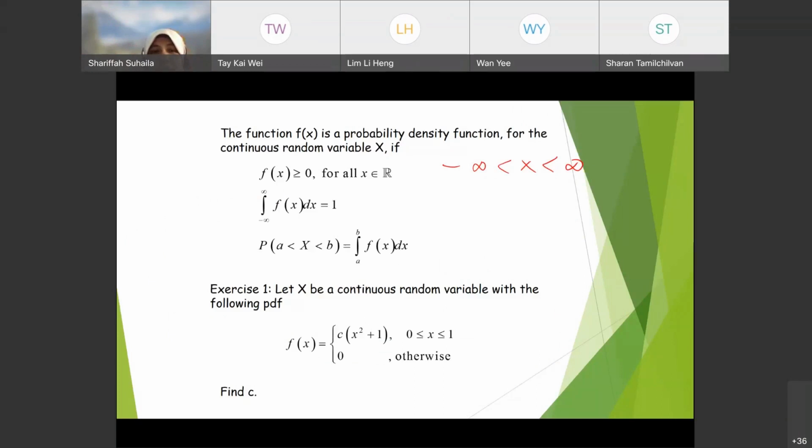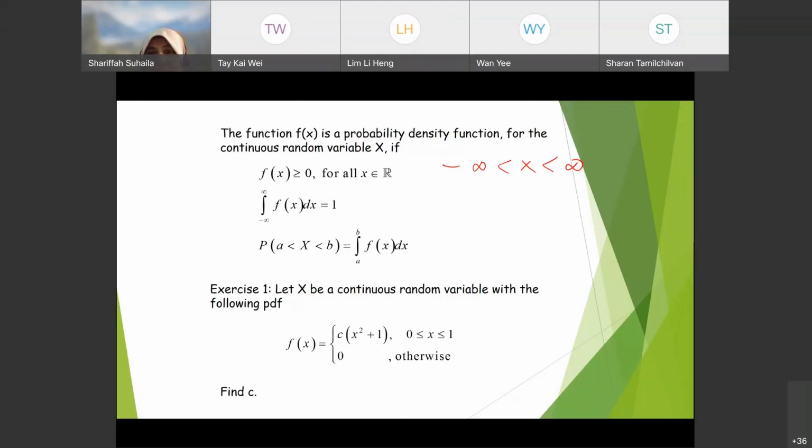So if you want to find x between a and b, you just integrate from a up to b f(x) dx. That is the property of a continuous function, because a continuous function cannot take an exact value.